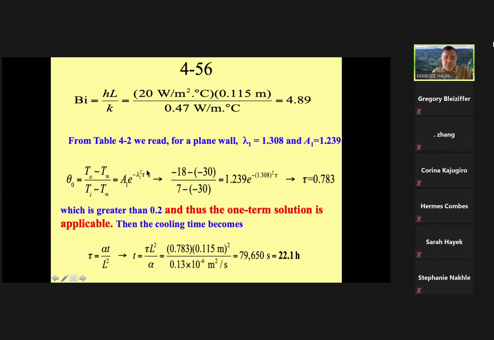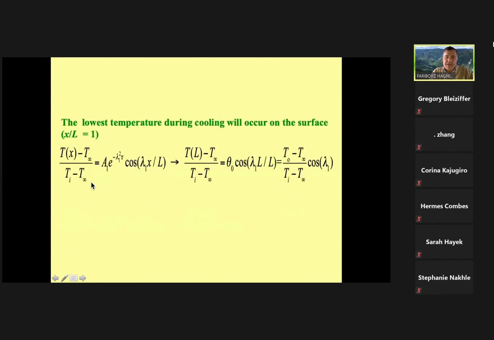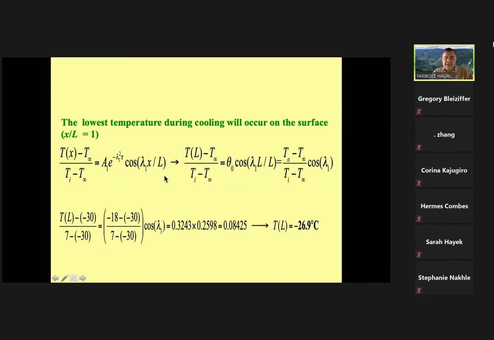Therefore, the first portion of the equation, we already calculated, okay? Therefore, rather than making a difficult equation, you can simplify and use the one that we have here, T0 minus T infinity, and X over L, which you are trying to calculate. Therefore, you put it in this one equation and you calculate that the temperature at the surface becomes -26.9, okay?